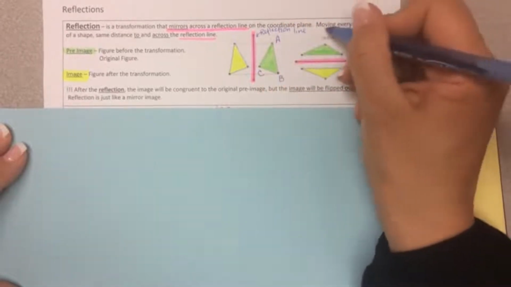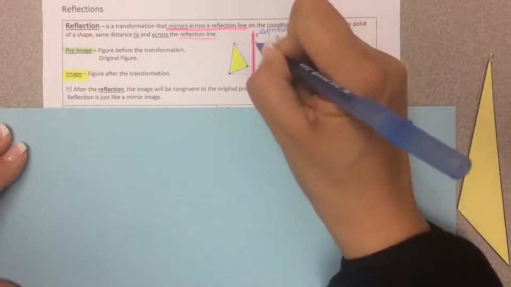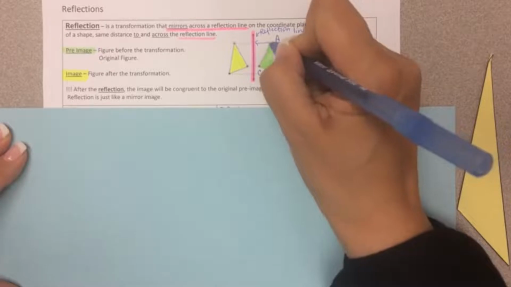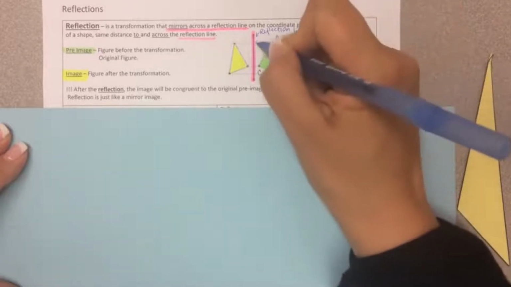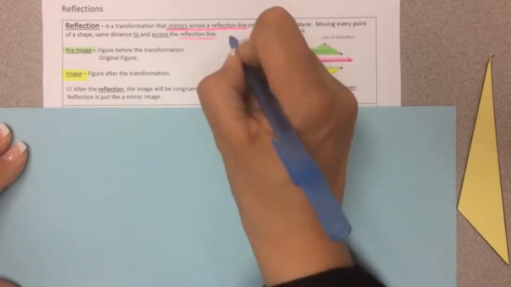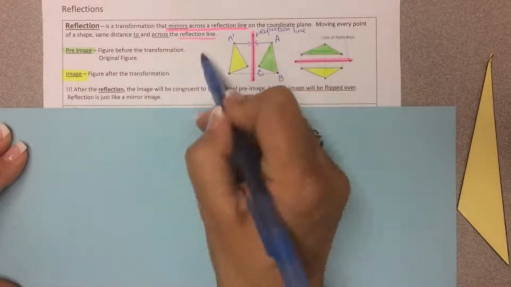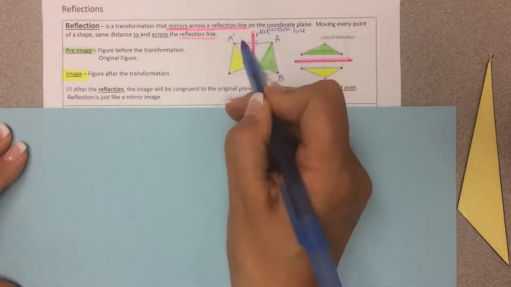By concept, every point has to be moved the same distance. So point A is, let's say, distance 5 away from the reflection line. That means the point A prime will be the same number of units away across. So let's say 5, 5.